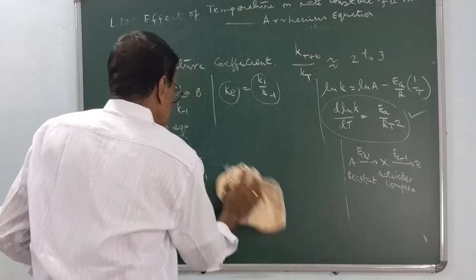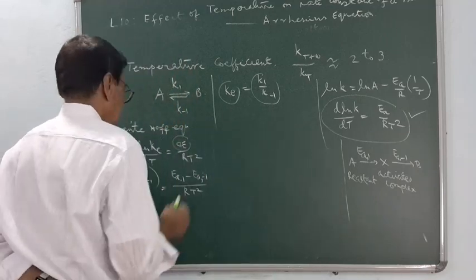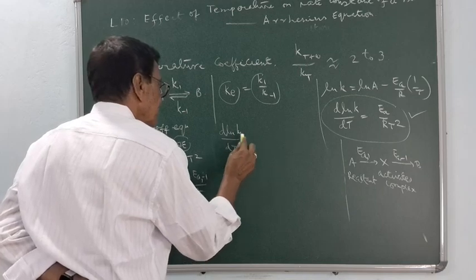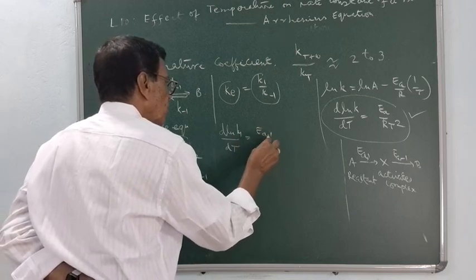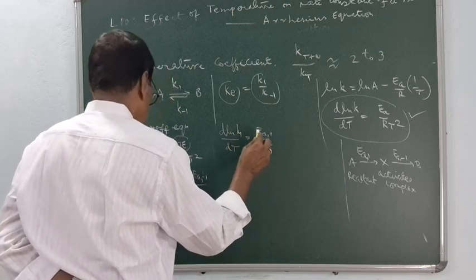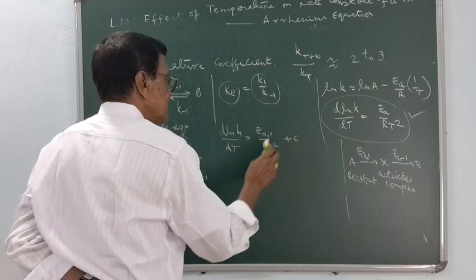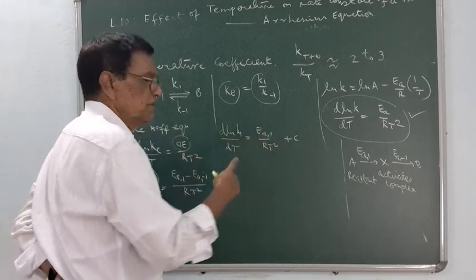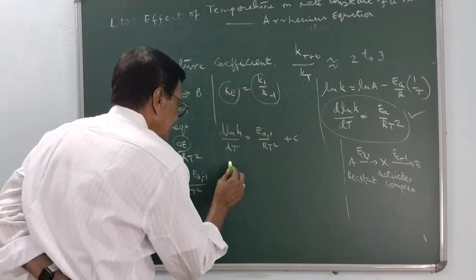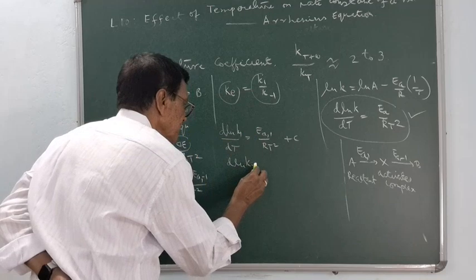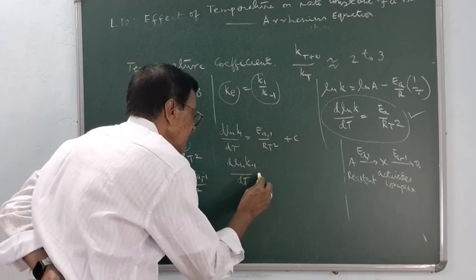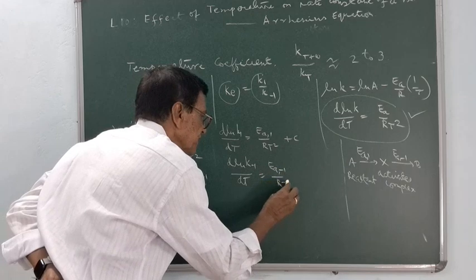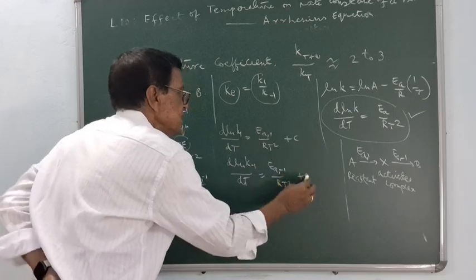So in this case, d ln k1 by dt equal to EA1 by RT square plus C. There will be some constant C. And it is the equation for the forward reaction. And in this other one, d ln k reverse 1 by dt equal to EA reverse 1 divided by RT square plus C. C is the constant.